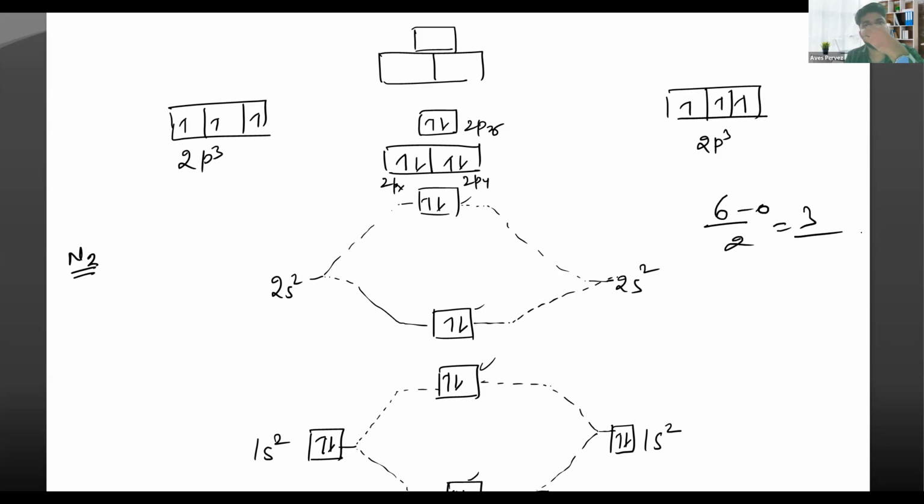Got it? Yes. Now if you have different kinds of atoms, for example CO, carbon monoxide, what is the bond order of CO?